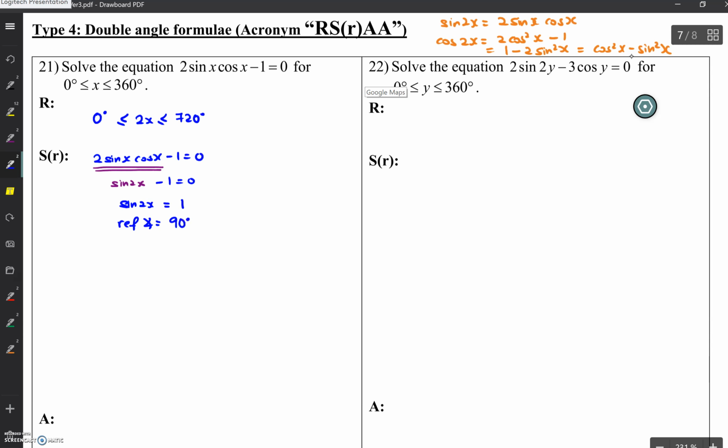Okay, next step as usual. I need to find my quadrant again. So let's do here, ASTC. Okay, so which quadrant will it be at if my sign of that value is positive, is 1? So I hope you can see it's the first 2 quadrants. So since it's the first 2 quadrants, I will have the value reference angle, and for this case it's 180 minus reference angle here.